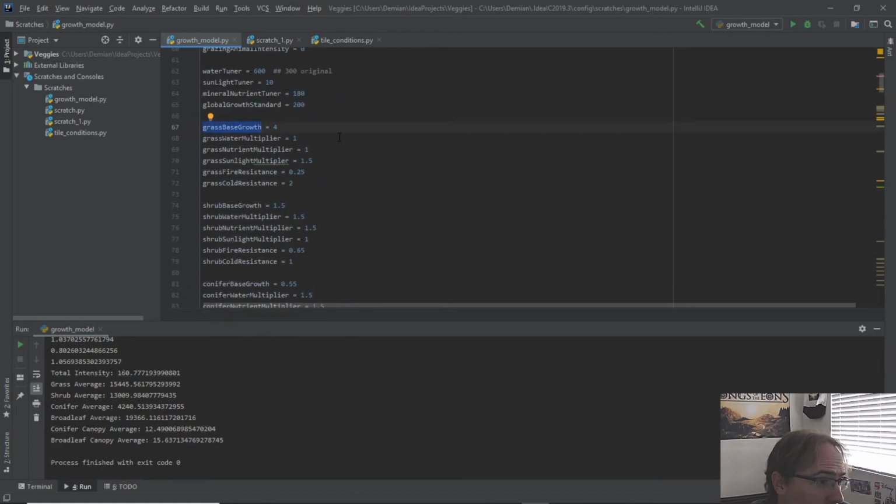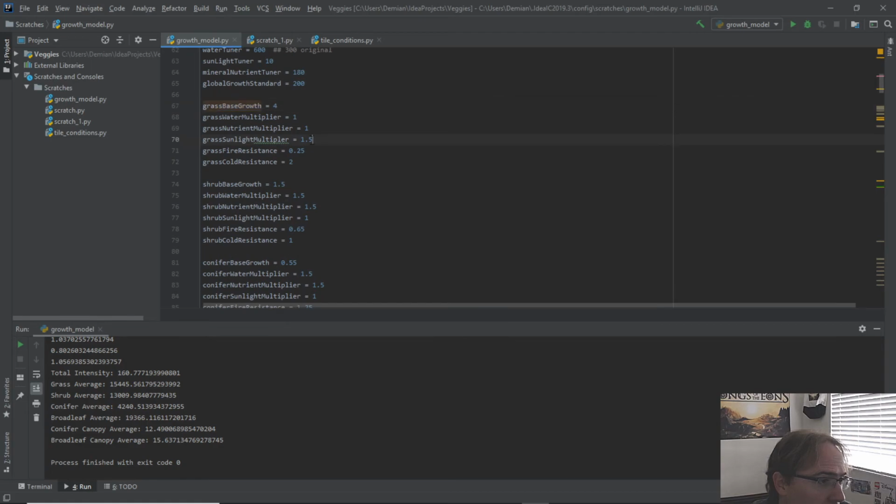It's actually 4. Okay. When it has sufficient water and nutrients, it can grow like crazy by exploiting sunlight because it has relatively broad leaves, so to speak. Okay, so I think these values should be good.